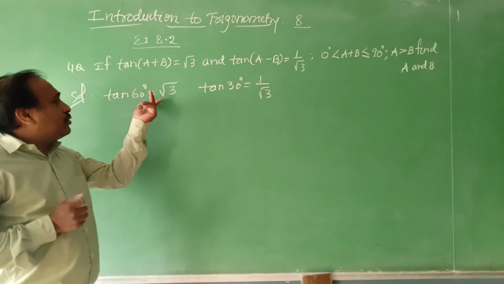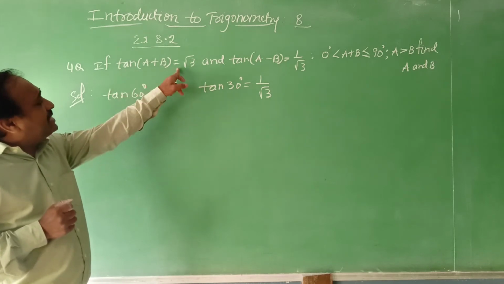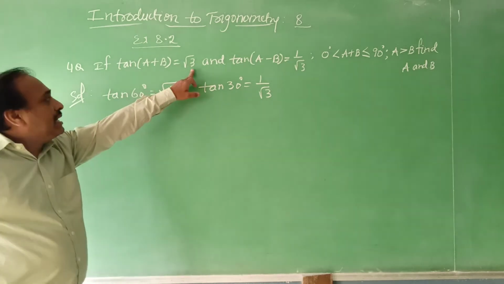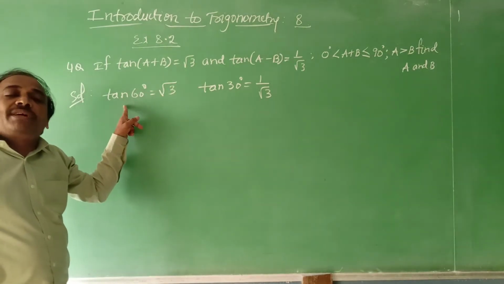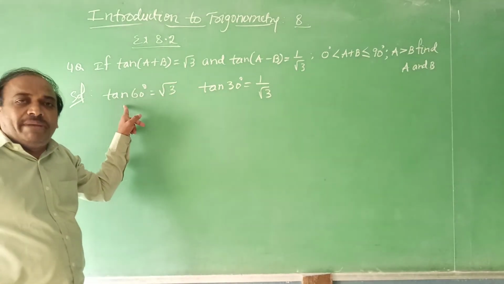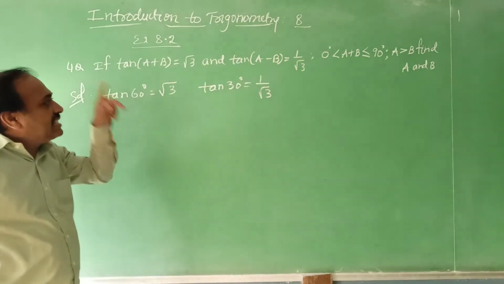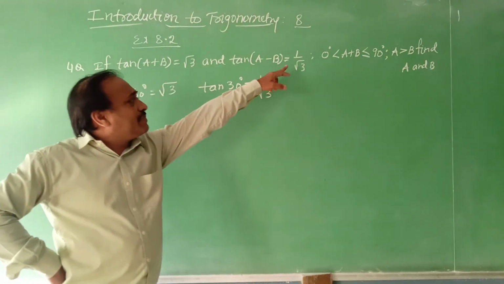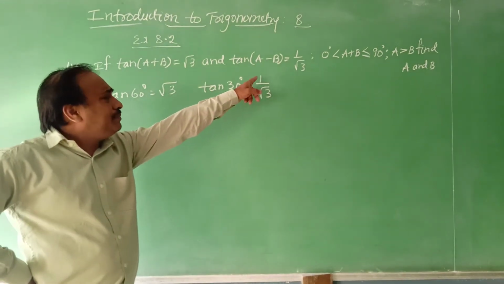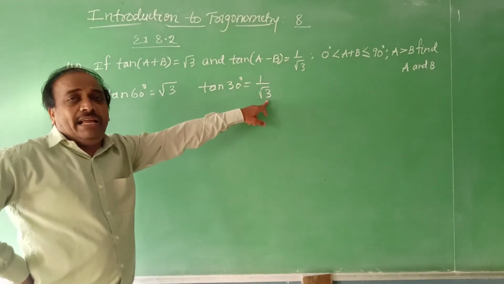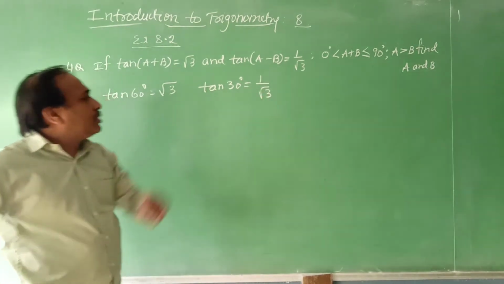We have these two values because tan of a plus b is given as root 3. That means root 3 can be written in terms of trigonometric angles as tan 60. And tan of a minus b is equals to 1 by root 3, that is tan 30 is equals to 1 by root 3.